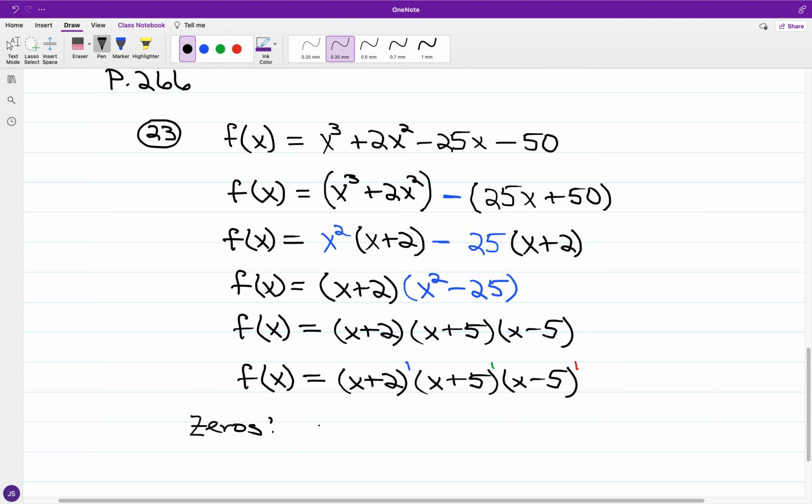Okay, so for x plus 2, if x plus 2 is 0, we have x equal to negative 2. And since the corresponding factor is a first order, well, negative 2 has a multiplicity value of 1. For x plus 5, we have negative 5, and the multiplicity of that is also 1.